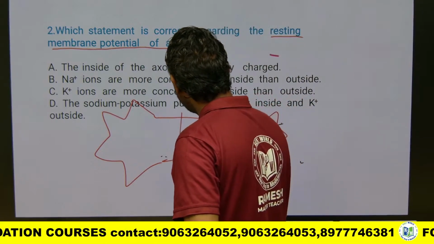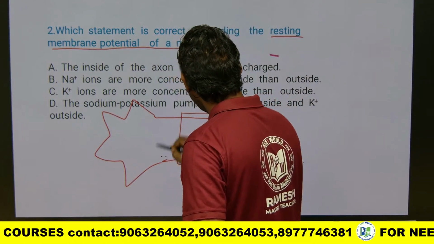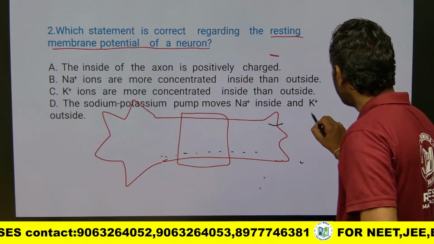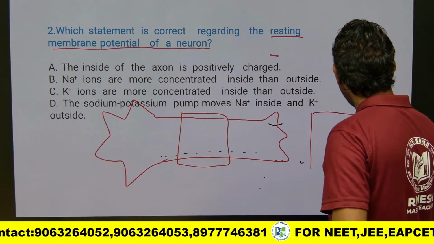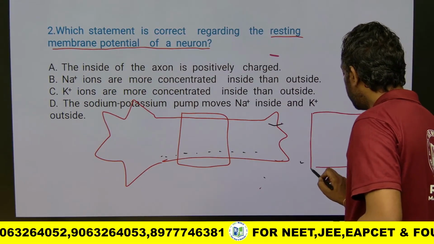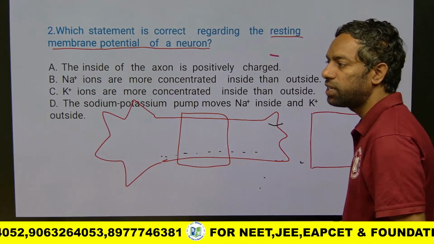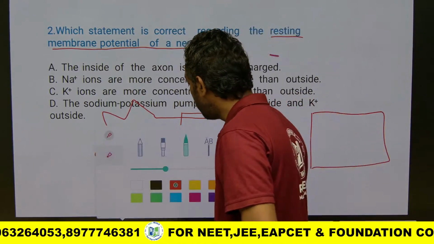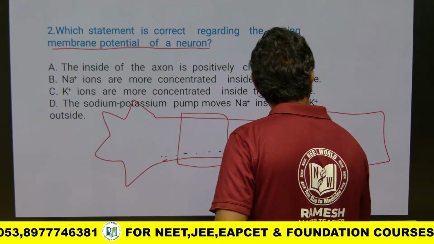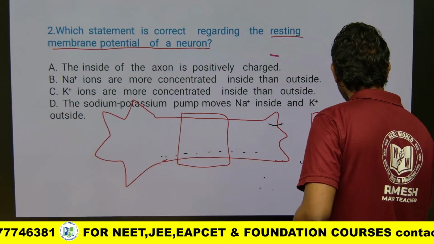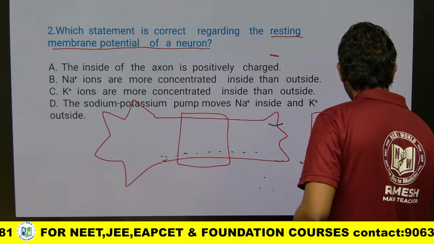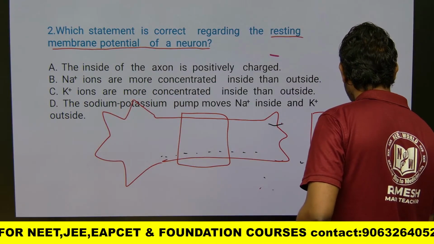So if we take this resting membrane, what happens inside when no signals pass? The electrical potential here is minus 70 mV. This is the resting potential.